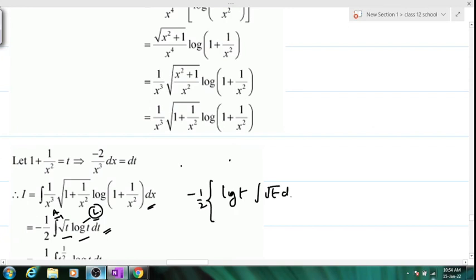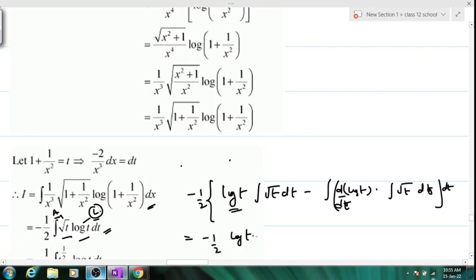Integration of root t dt minus integration of differentiation d by dt of log t into integration of root t, and entirely you'll have out here t. Minus 1 by 2 log t, root t's integration will be t to the power 3 by 2 and 3 by 2 out here, and 1 by t integration t to the power 3 by 2 and again 3 by 2 dt.